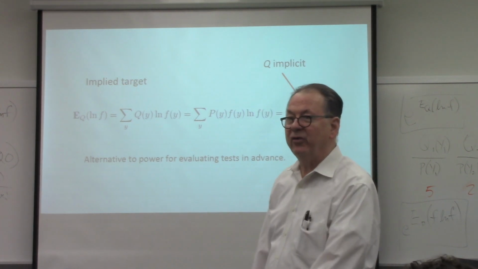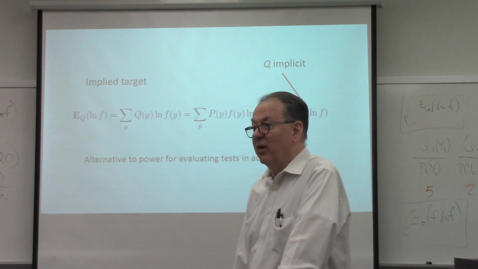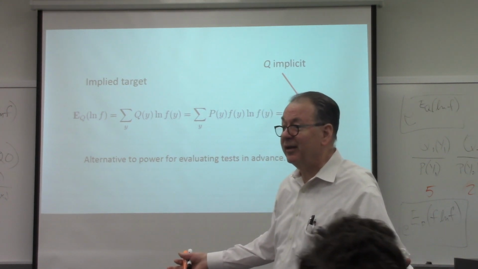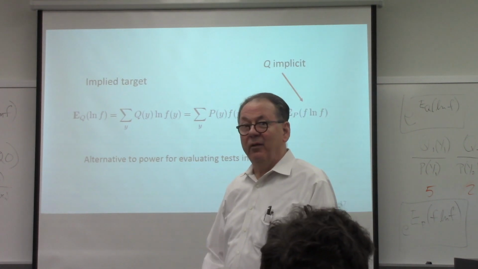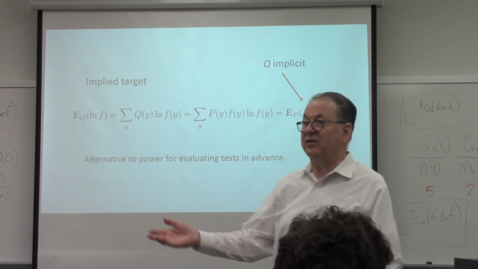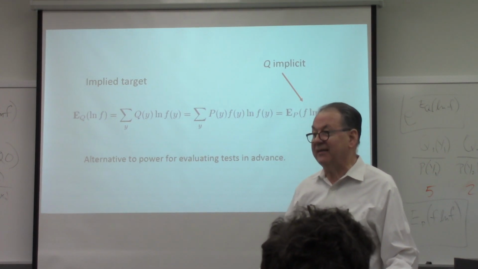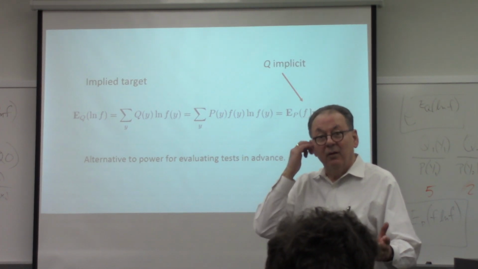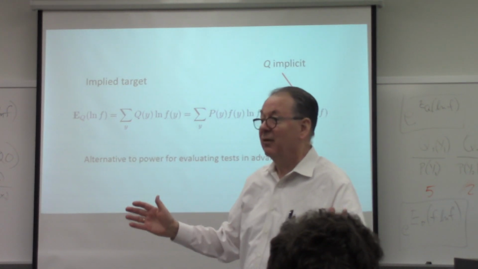Now, what if the implied target is not very high? What if the implied target is 1.2? There's no point in the test. This means that if this test gave you something significant, if this test multiplied your capital by 10, it can only be because you're lucky, because the test is only trying to multiply its capital by 1.2.